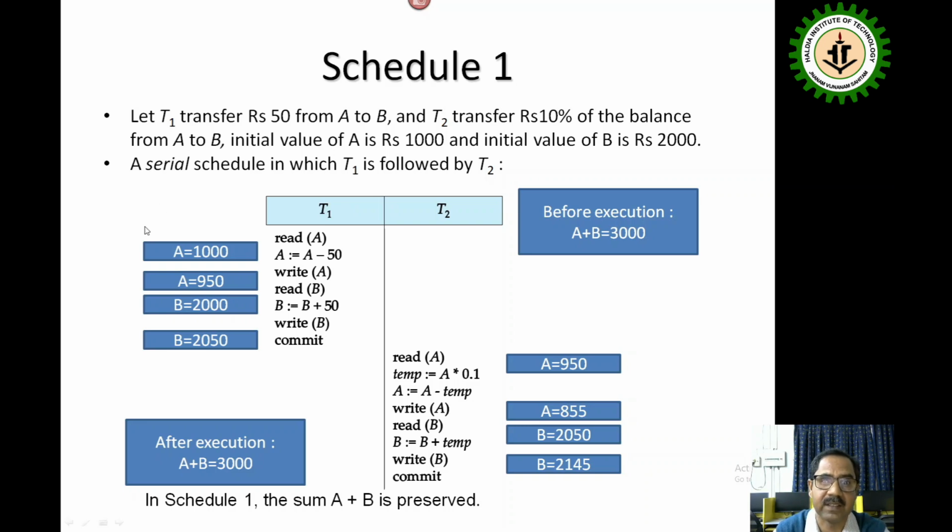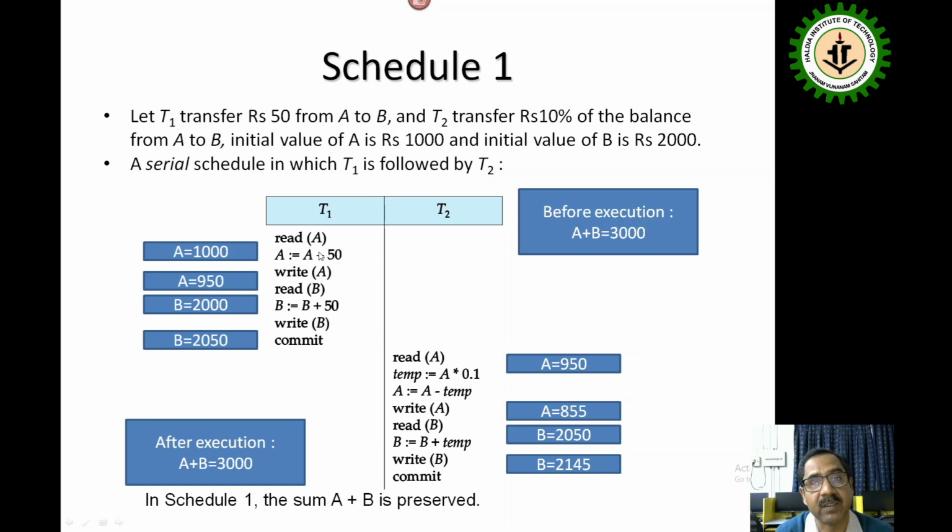In this case, this is the serial schedule, where all the instructions of a particular transaction appear together and are executed first, then the next transaction, whose instructions also appear together, is executed. T1 is executed first, then T2. So T2 will start its execution after finishing of T1.